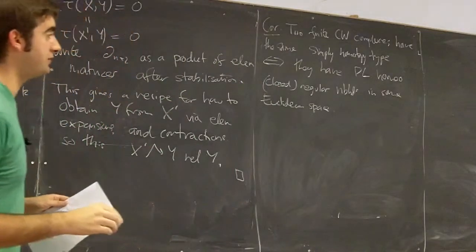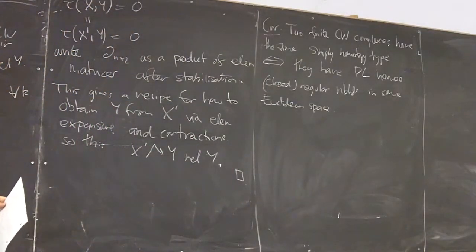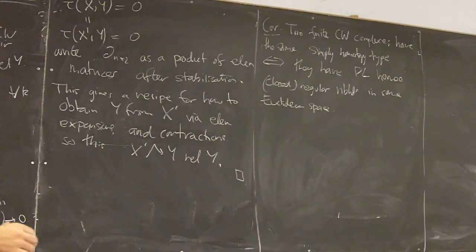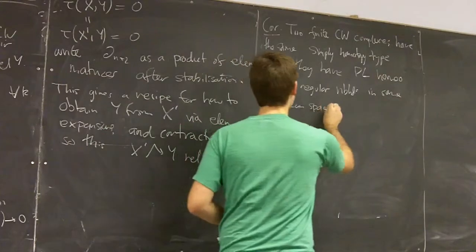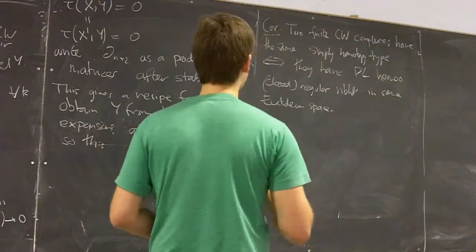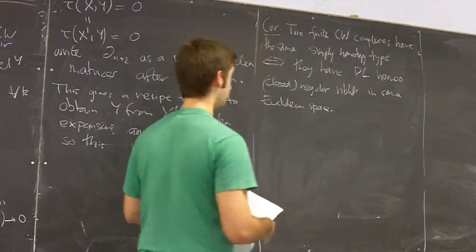So what I mean is, if you have two simple homotopy equivalent spaces, then you fatten them up slightly, then they should be homeomorphic. This is roughly what it means to be simple homotopy equivalent.